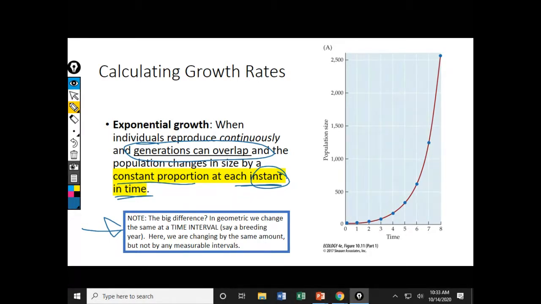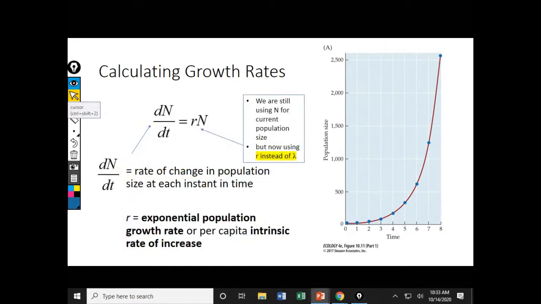So what I really care about is when we would use these different things. That's what I care about. Lambda is for our discrete time: I breed once a year. Exponential growth is R. Fundamentally, it functions the same way.